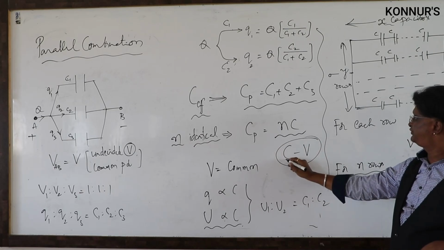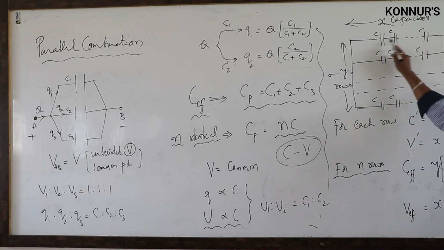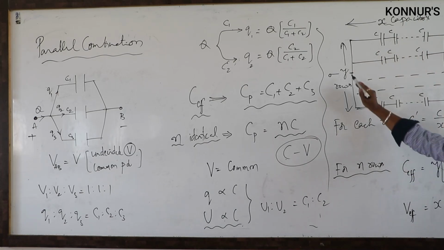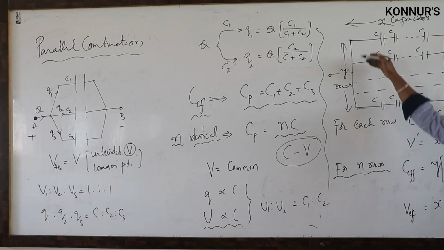These are the capacity rating and voltage rating of each capacitor. X capacitors, all of them in series. Then Y such rows, I have connected all of them in parallel. So each row contains X number of identical capacitors and we have connected Y such rows in parallel.